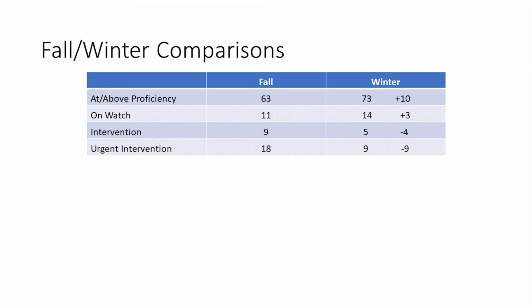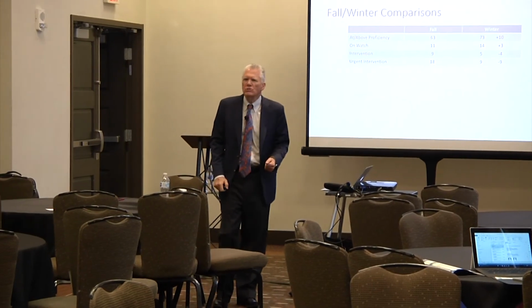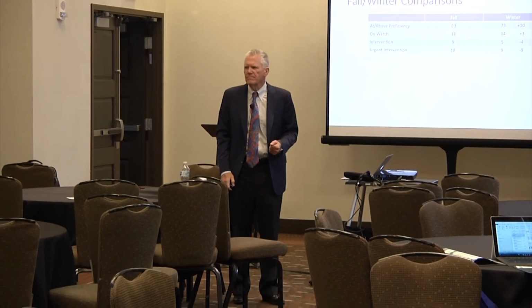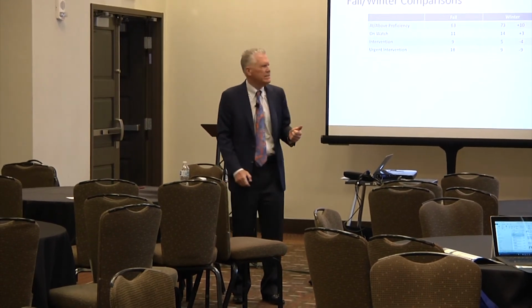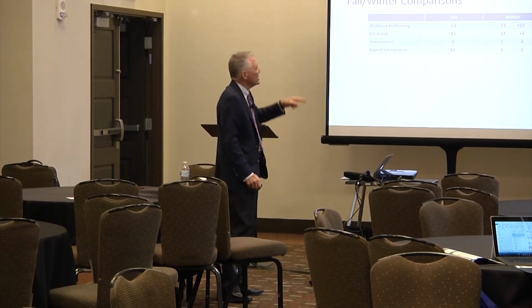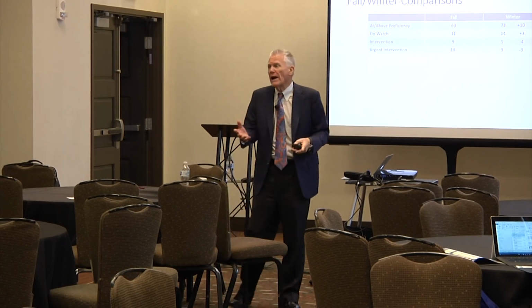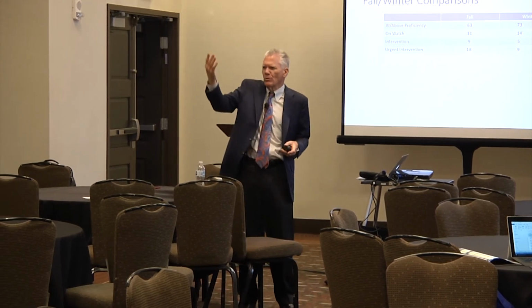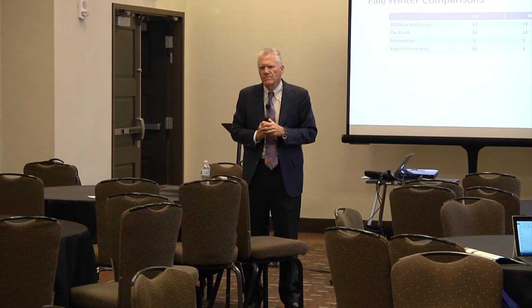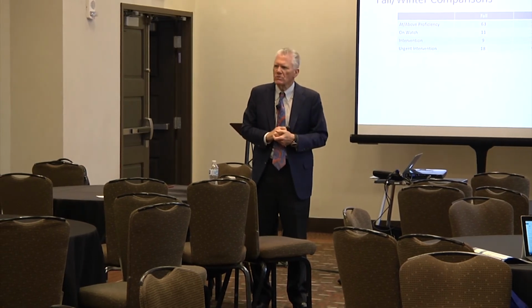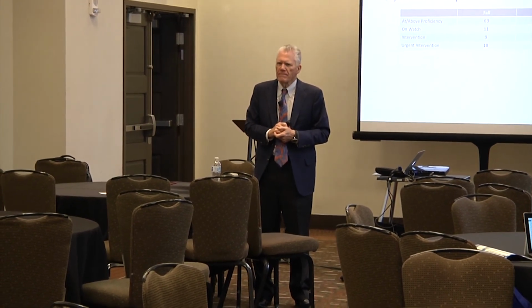That's yellow or red. In January, that number dropped to 14%. Almost a 50% drop. Proficiency went up by 10%. On watch went up, but that's okay because why? Because the red and yellow were moving up. It's a very healthy school for their reading curriculum.